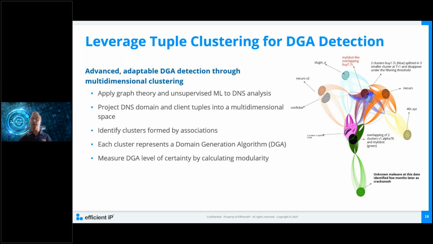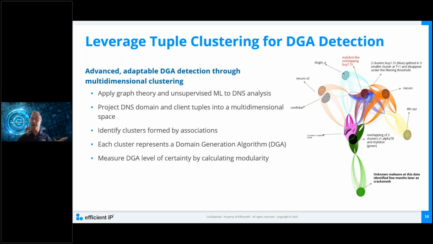At the core, a tuple cluster groups domains based on network metadata instead of just domain name syntax. A tuple is just a set of data points, typically things like source IP address, destination IP address, query timestamp, DNS response time, and frequency or time of request.